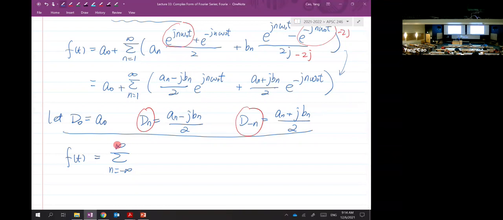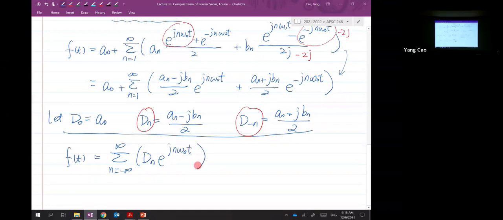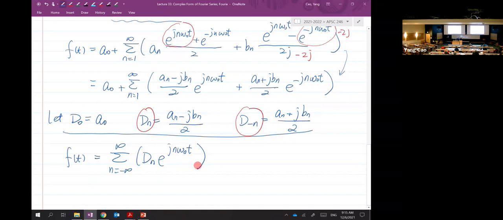And the expression for the summation sign here is d_n e to the power of j n omega naught t. Let me write this down and see if this notation is actually just a different way of writing this expression.